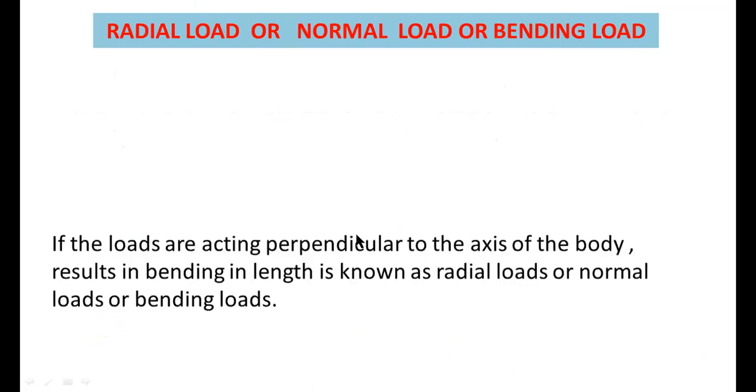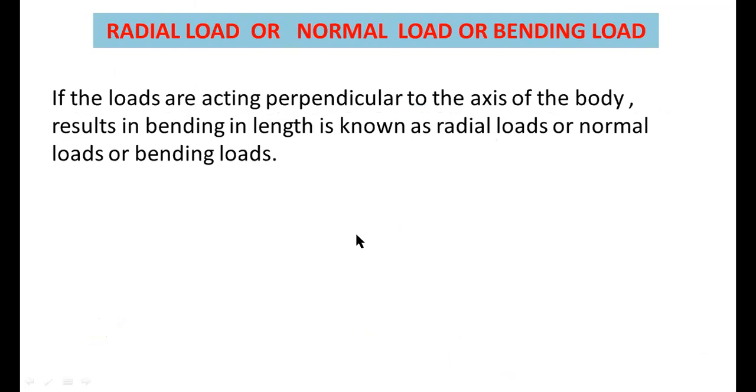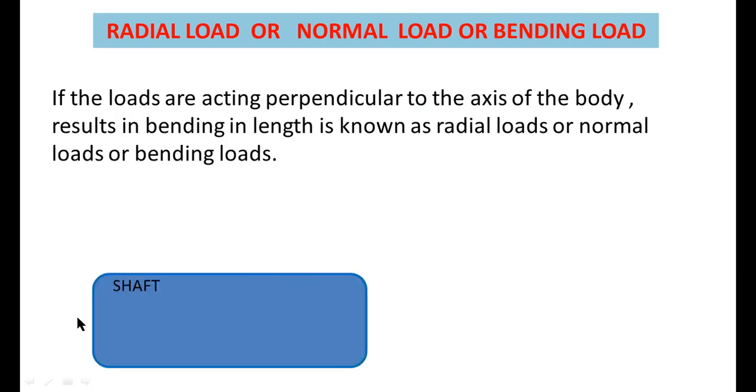Now radial load or normal load or bending load, this is the last type of load. If the loads are acting perpendicular to the axis of the body, resulting in bending in the length, they are known as radial loads, normal loads or bending loads. Here you can observe that push or pull loads, that is, tensile or compressive loads, are both acting along the axis, whereas shear forces or tangential forces are acting parallel to the surface.